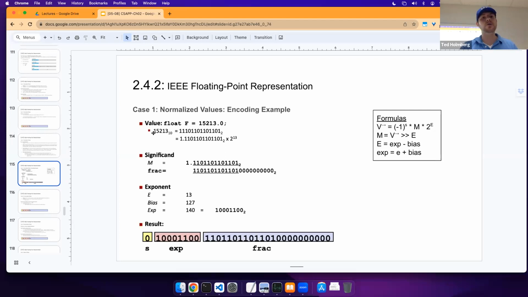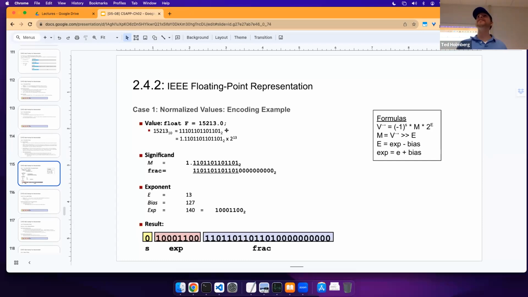Okay, so we have 15,213. That's in base 10. The first thing I'm going to do is translate that into a binary sequence. Now the next thing I need to do is insert my binary point so that I only have one leading number.